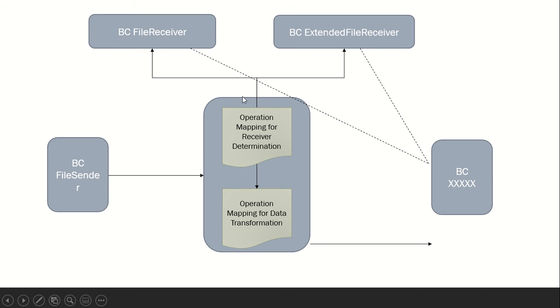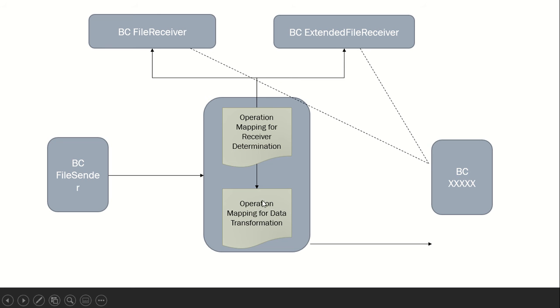Once that is determined, it is written into the message header. So the receiver message header will be populated with any of these two values which you are seeing on your screen. Then the message goes to the actual operation mapping where the data transformation happens and where you get the target payload structure created.